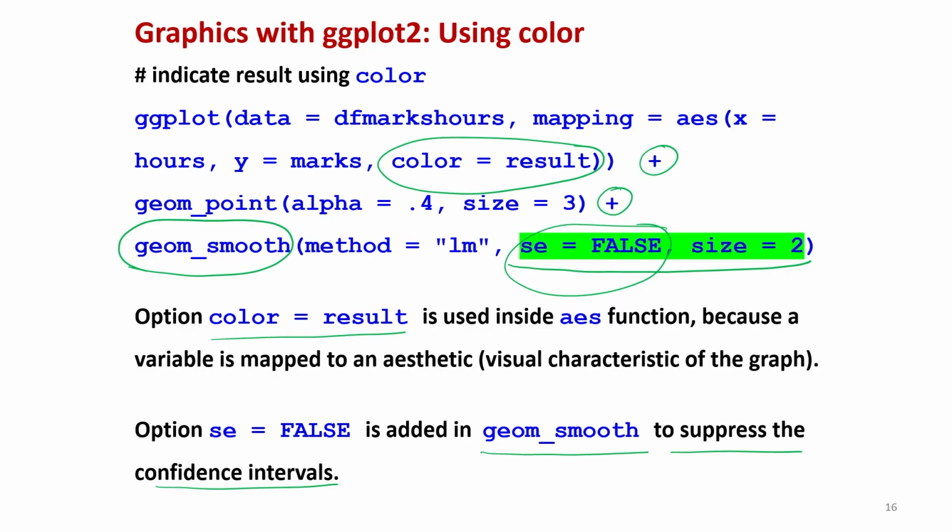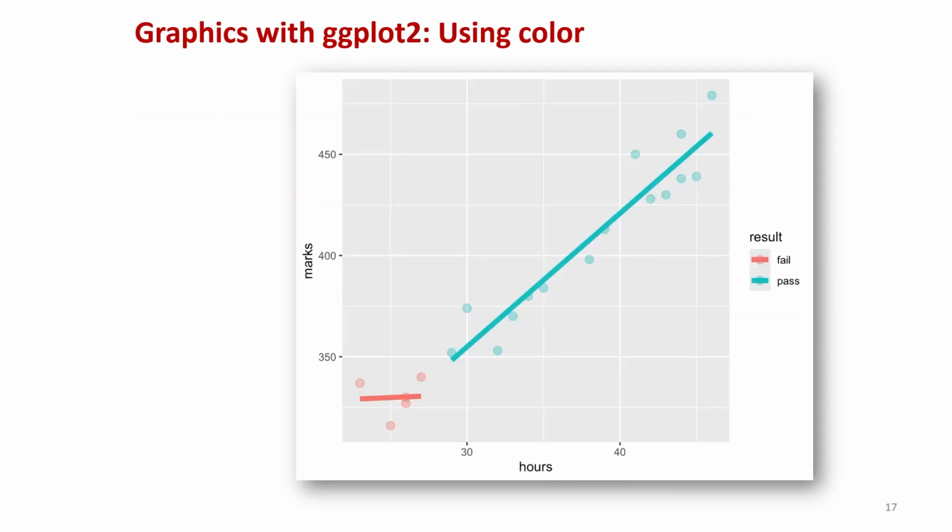Now let us see what happens. If you look now, the data has been classified into two parts, fail and pass. Do you remember that in the beginning you added a variable result: if a student has scored greater than or equal to 350 marks, the student was declared pass, and if less than 350, the student was declared fail.